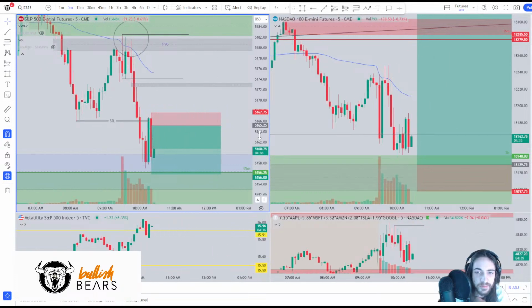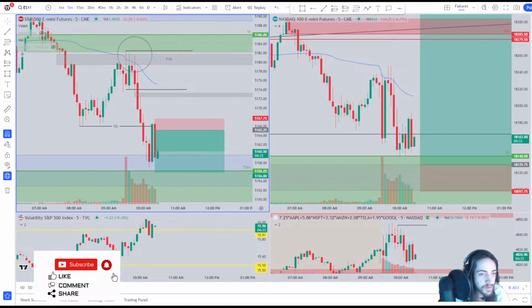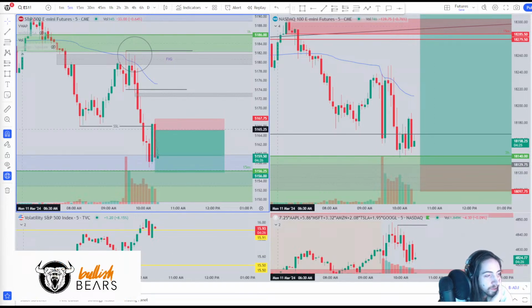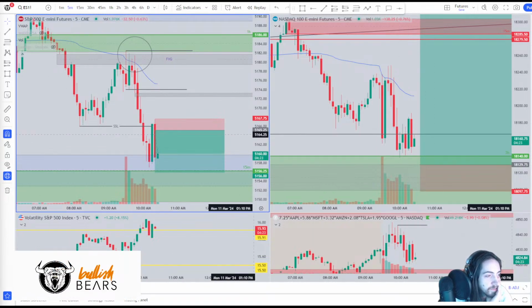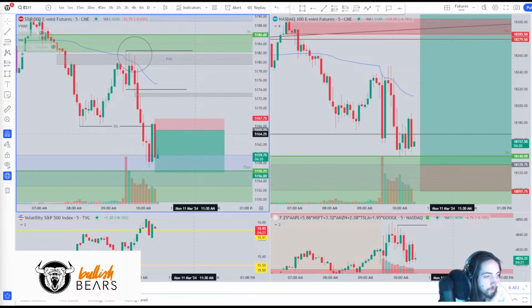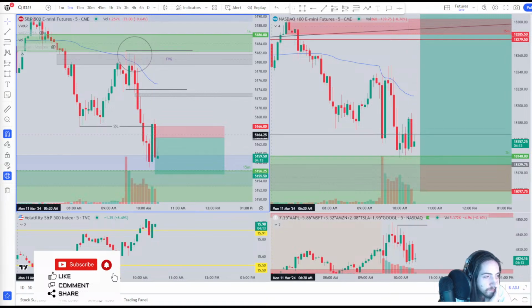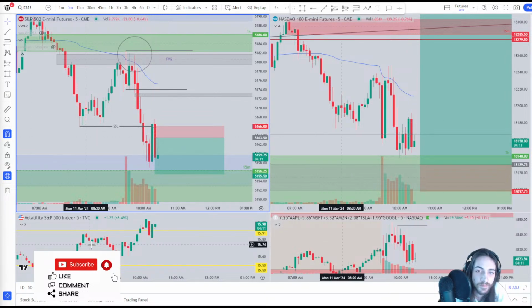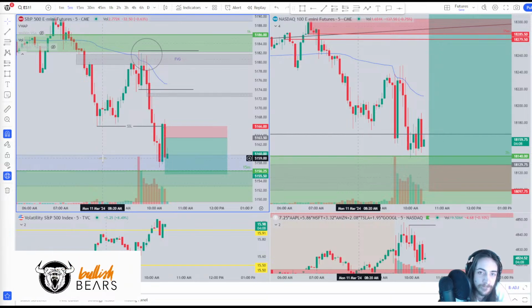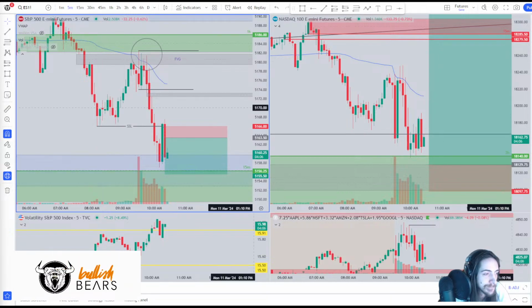Staying patient on this. I'm not adding here. Added to the ES short there. Brings my entry down a bit. Nice little pullback.